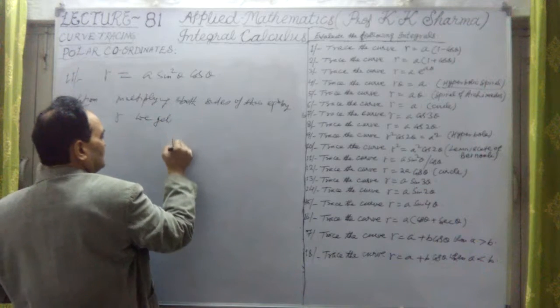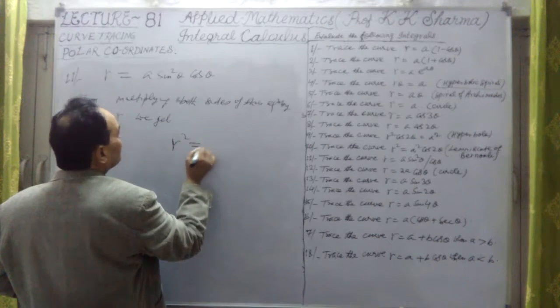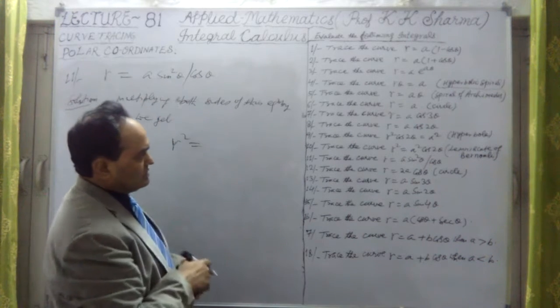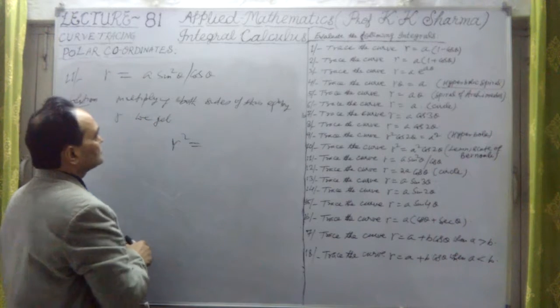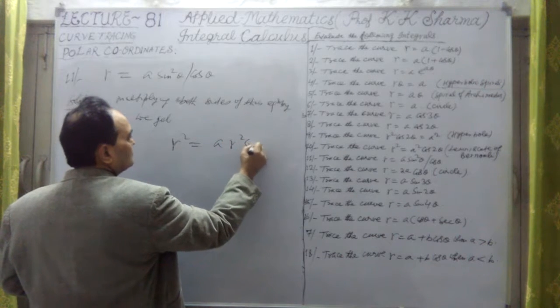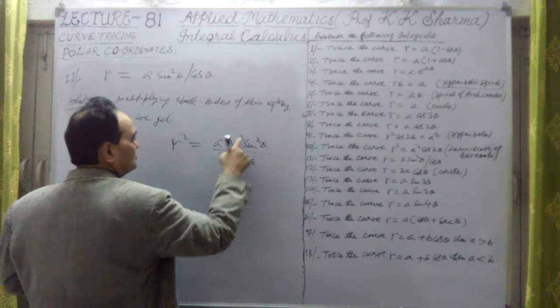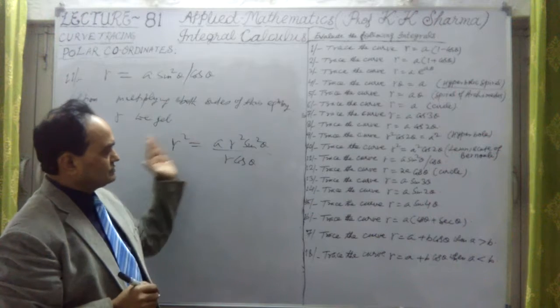So we get r square. Here, r equal to a sin square theta upon cos theta can be written as a into r square sin square theta upon r cos theta. No change, only one r is there, since r square upon r means a single r. So we have multiplied by r on both sides.